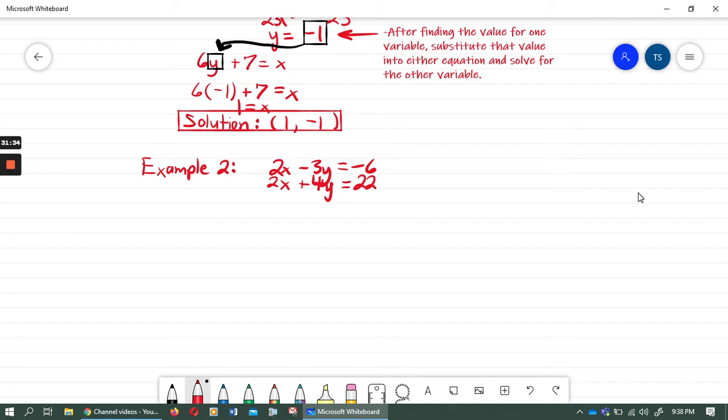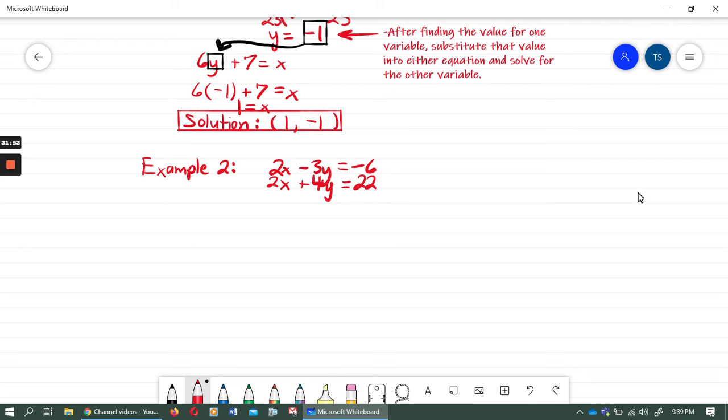Alright. So with this one, it's not quite like the first one, right? Because in that first example, we already had one of the equations set equal to a variable, but in this one we don't have that.